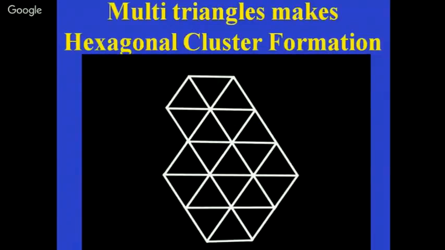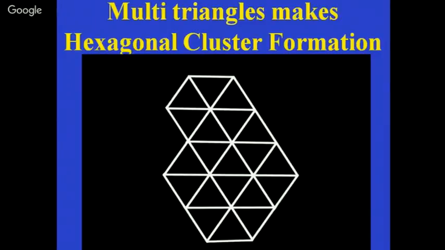See this figure. How many triangles? So many triangles. You start from this side, 1, 2, 3, 4, 5, 6, 7, and so many. Out of these triangles, take any 6, whatever you like, they make a hexagon.